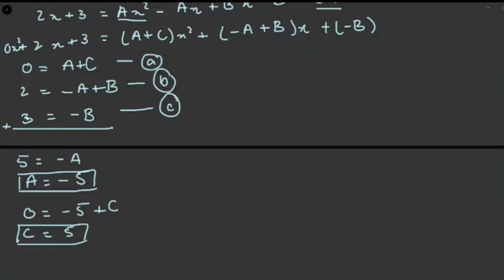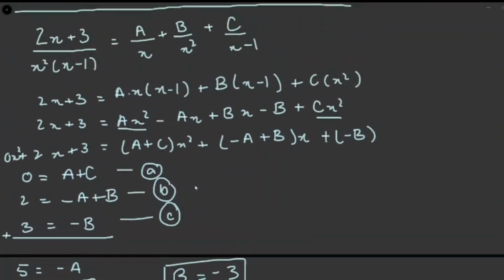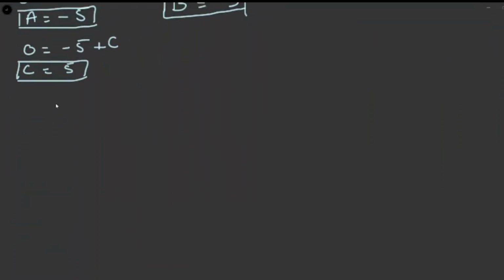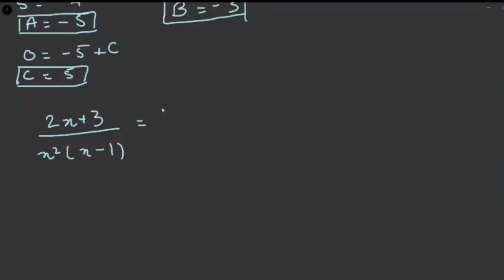And b was minus 3. We don't even need to solve for this. Now we can just plug these values into our equation we wrote here. So we can just write this as 2x plus 3 over x squared times x minus 1 equal to our a here.